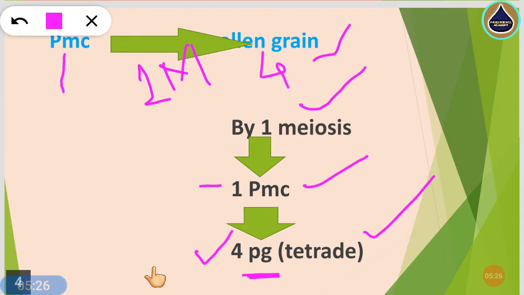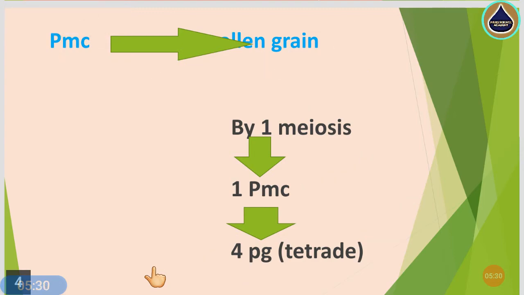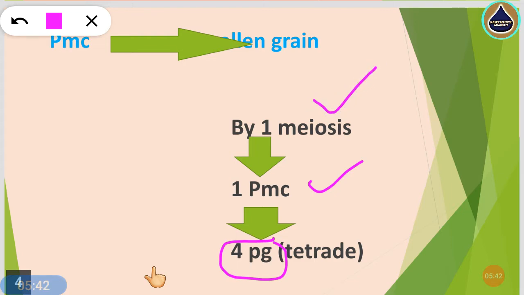This is the formula. For 4 pollen grains, one pollen mother cell, by one meiosis cell division, converts into 4 pollen grains in a structure which is called a tetrad.